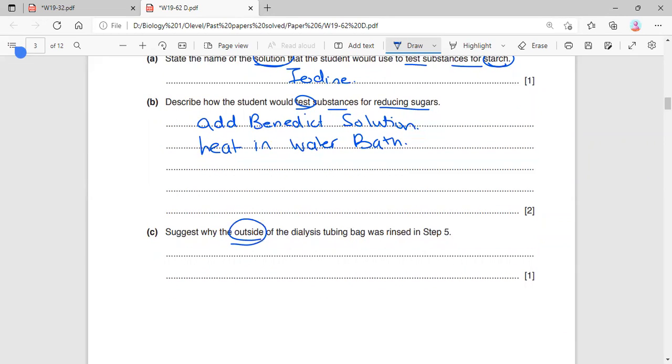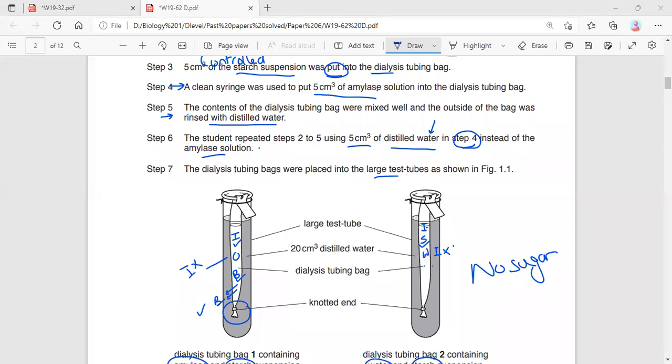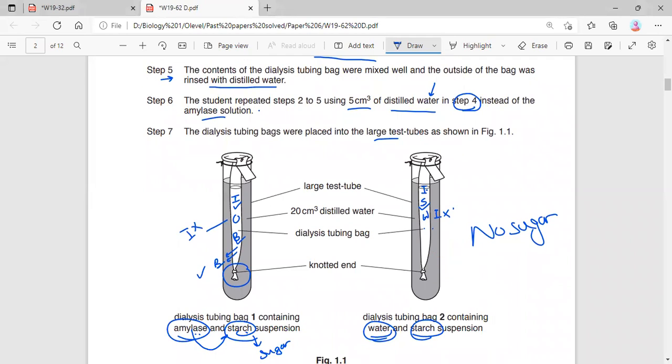Suggest why the outside of the dialysis tubing was rinsed in step 5. Why did we rinse the outside of the dialysis tubing with distilled water? To remove the starch from the outside. After you put the starch, some of the starch may spill on the outside of the dialysis tubing.